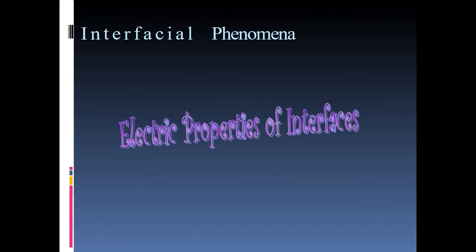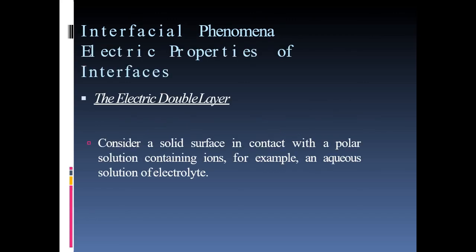Now the next topic is electrical properties of interfaces. When we talk about the electric double layer theory, we can say that the double layer, also known as the electrical double layer, is a structure that appears on the surface of an object when it is exposed to a fluid.